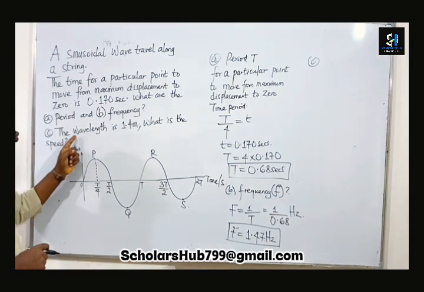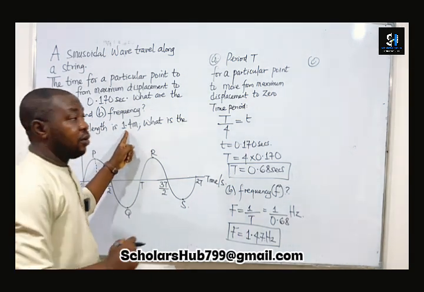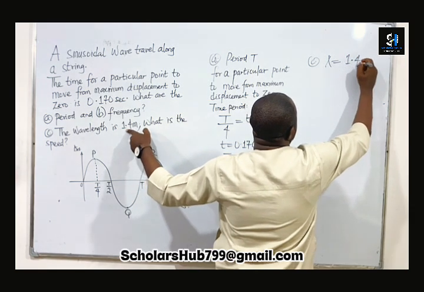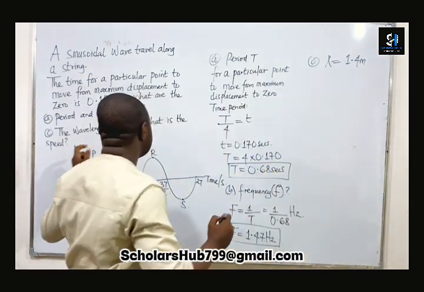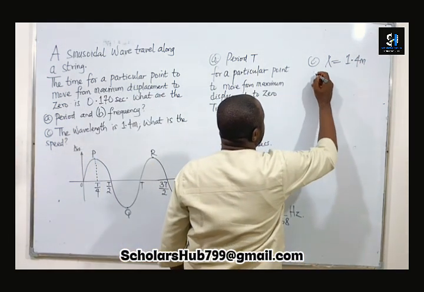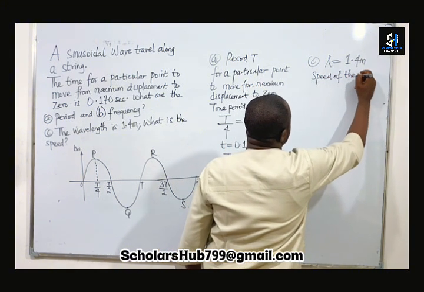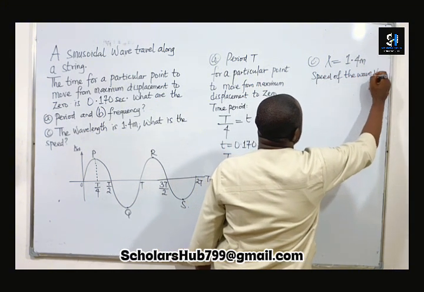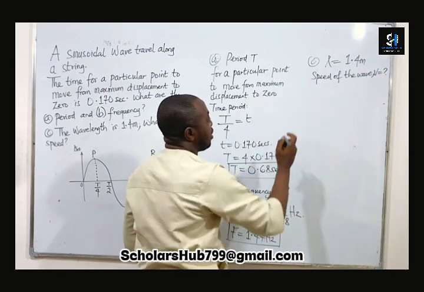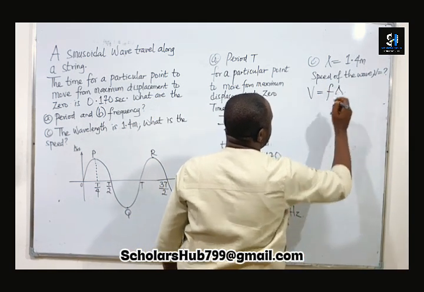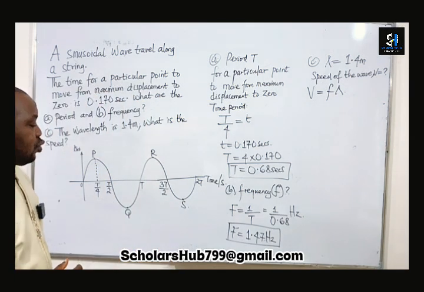Then C. Now we are given the wavelength to be 1.4 meters. What is the speed? We want to calculate the speed of the wave. The formula for speed in this case is V equals F lambda.